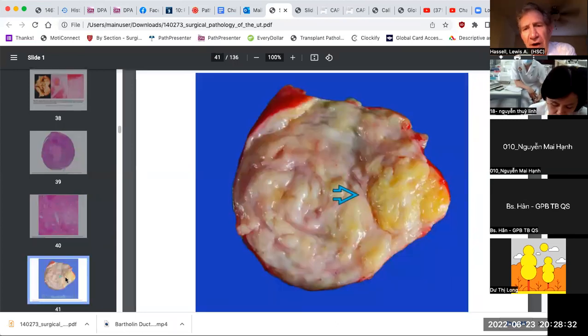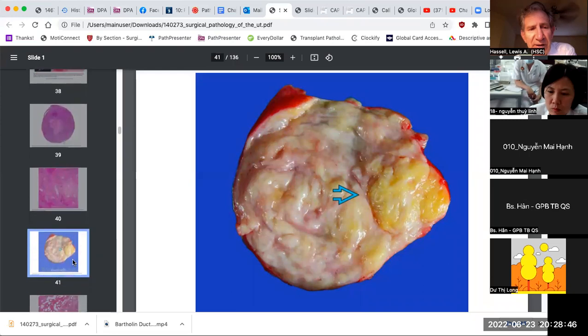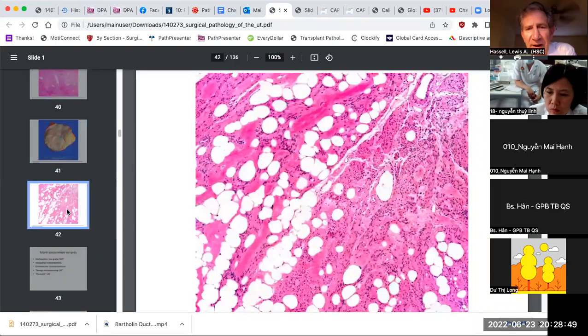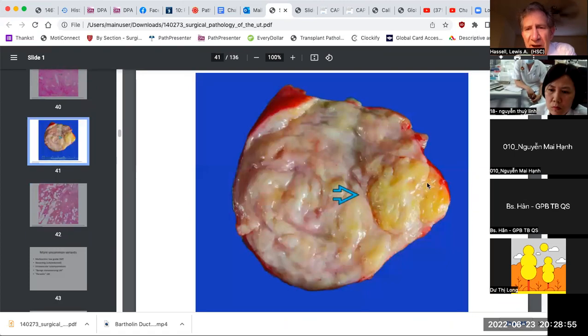Okay, well, another variation is the lipoleiomyoma, and I put this in a different category because it's usually not a difficult histologic diagnosis. It's an interesting finding to see all this clear space and fatty tissue. It usually corresponds to this yellowish change grossly, but there are other things that can cause that.